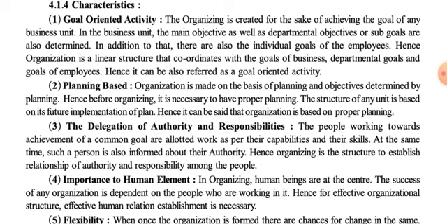Hence, organization is a linear structure that coordinates with the goal of the business, departmental goals and goals of employees. So it is some kind of a linear structure on the vertical line, starting from the overall goals of the organization or goals of business.